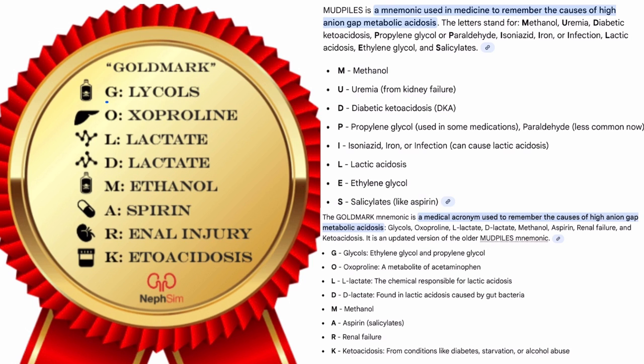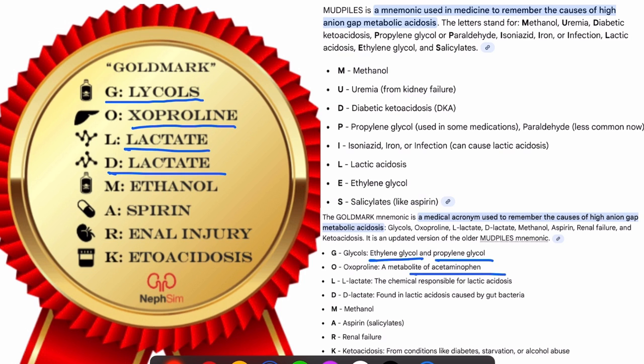L from GOLDMARK is for lactate, and that's L-lactate, and D is for D-lactate. There are certain differences between L-lactate and D-lactate. L-lactate is usually produced in situations where your tissue undergoes hypoxia, like you can imagine a patient with sepsis or septic shock.